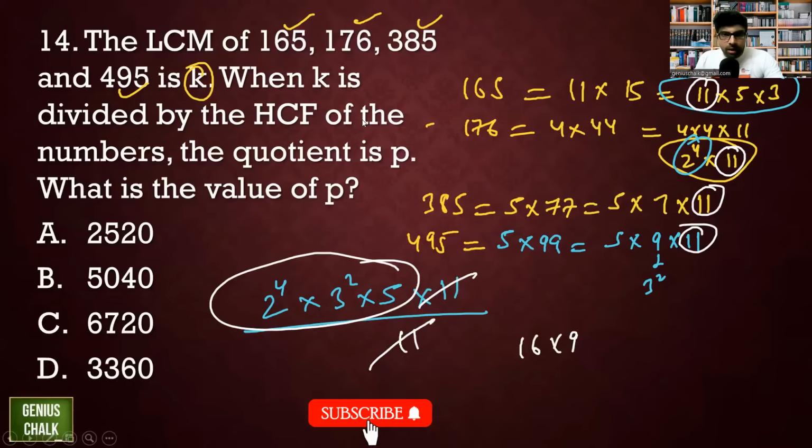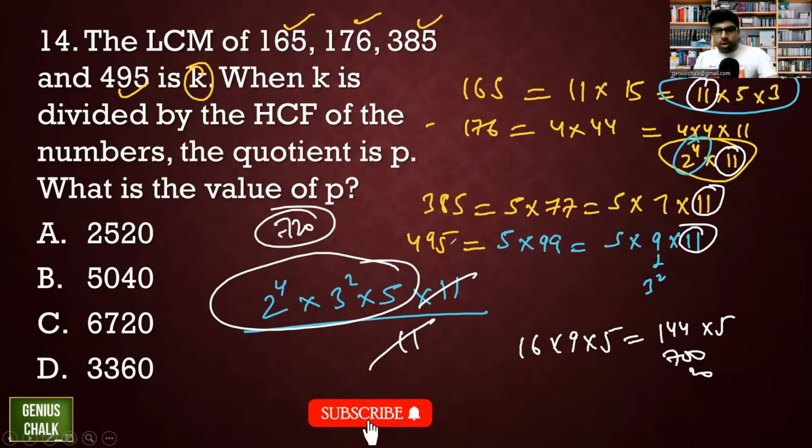There is no other number which is present everywhere. So HCF has to be 11. So 11 is cancelled, and it is 16 into 9 into 5. So this becomes 144 into 5.